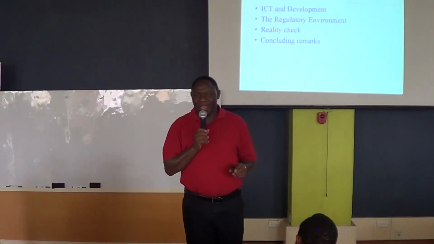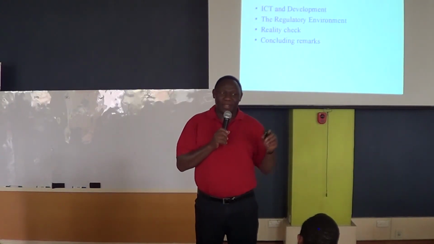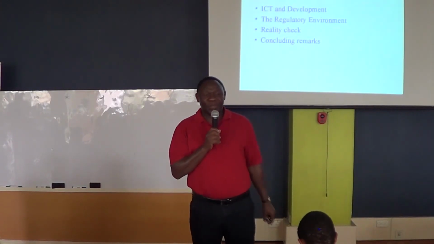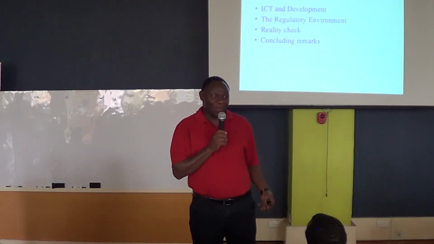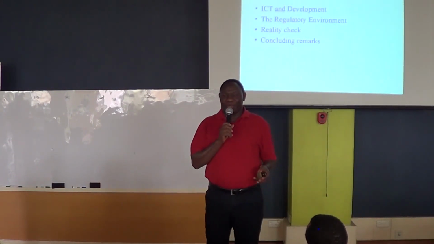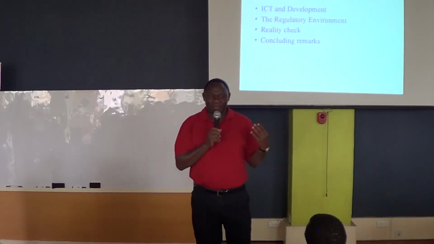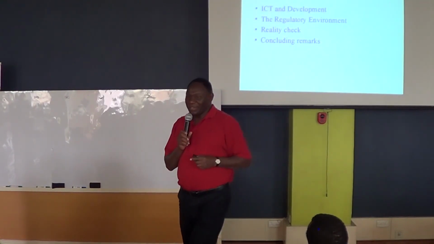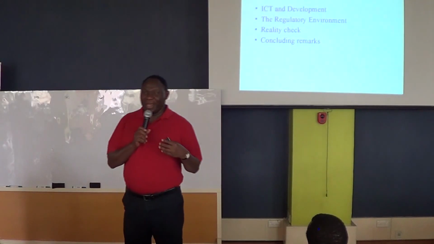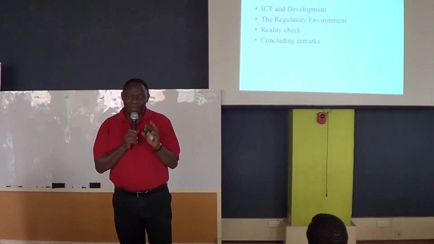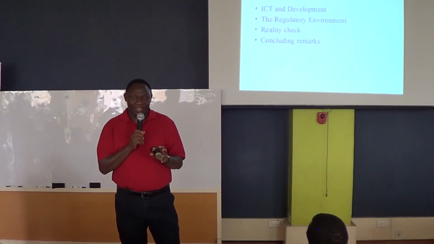There is more need now for ICTs to help the rural and urban areas because there are too many problems that are coming up. The other day I wrote an article about food and how we need to trace food from source to the shelves, because a lot of people are taking shortcuts.